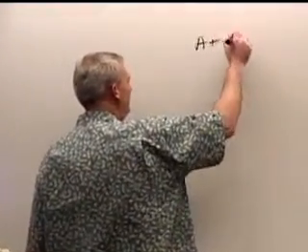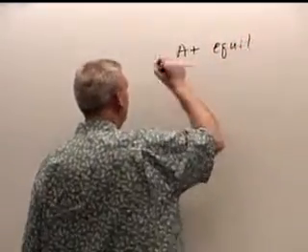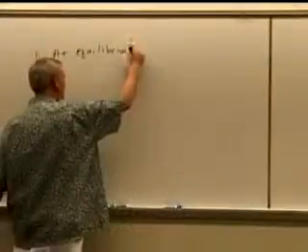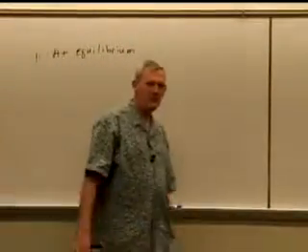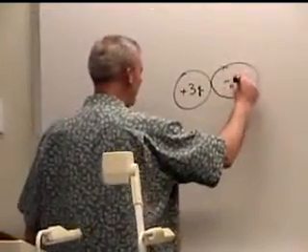At equilibrium, here's idea number one. Now what do we mean by equilibrium? Remember, let's say we've got a charge, this guy has positive 3Q, and we bring in this negative 2Q like this.